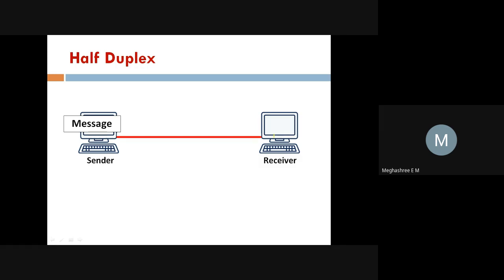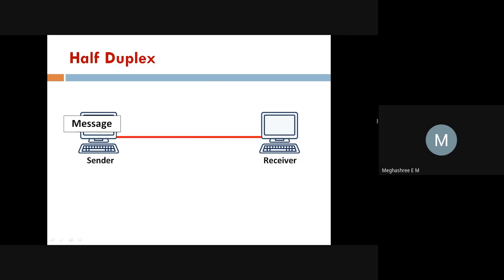That is the thing you need to remember here. Between the devices, sending and receiving can happen, but not at the same time. When the sender sends the message, the receiver has to receive it. Then after receiving the data, the other device can send data back. That is how it works. At a given point of time, the system can either send the data or receive the data.